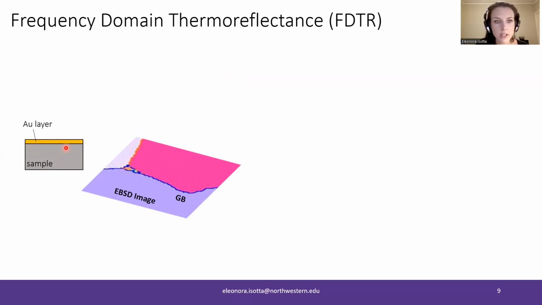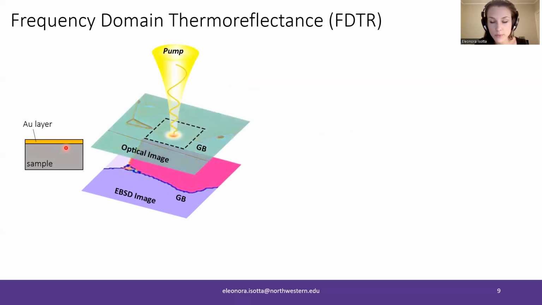In fact, FDTR is a pump probe technique making use of a pump and probe laser. So a pump laser that is frequency modulated is focused on the sample and is used to locally heat it up. The change in temperature will induce a change in reflectance in the gold layer. And this change in reflectance is monitored by directing another laser called the probe laser on the same spot.